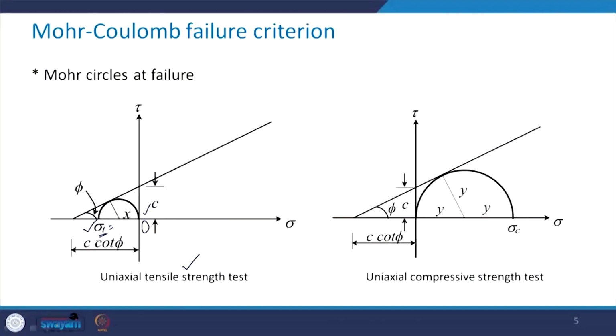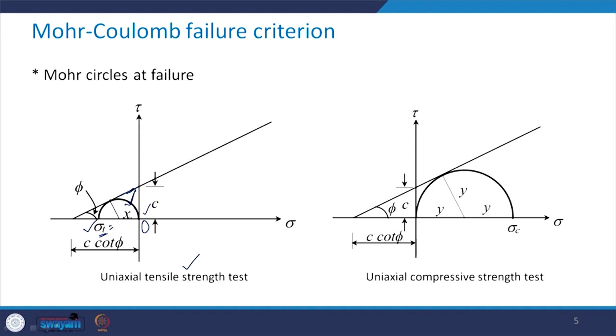Now, I assume that the Mohr-Coulomb failure criterion, which was tau equal to c plus sigma tan phi, is applicable in the tensile zone also. Then we can extrapolate it in this direction like this, and therefore this will be the tangent to this circle which is shown here.